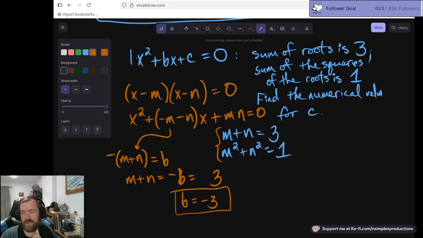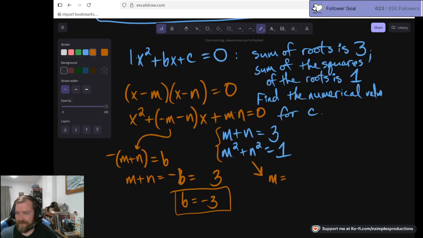Now the sum of the squares of the roots is 1, so m squared plus n squared must be equal to 1, while m plus n is equal to 3. So in this particular case, we can simplify this to another quadratic. We're solving a different quadratic equation.